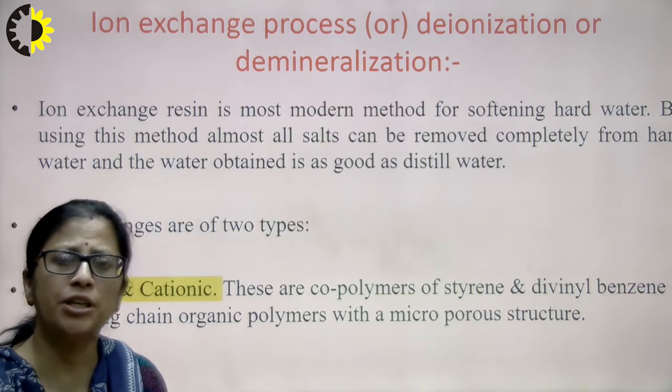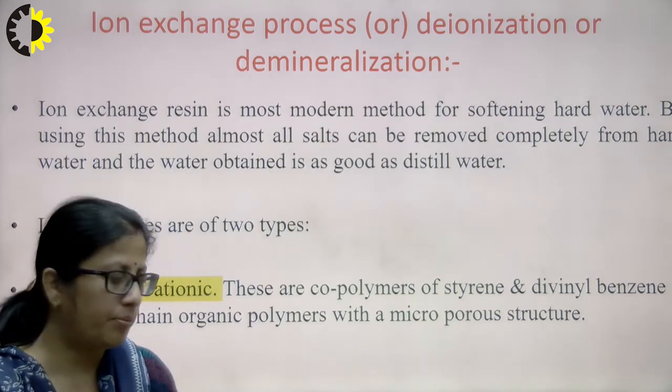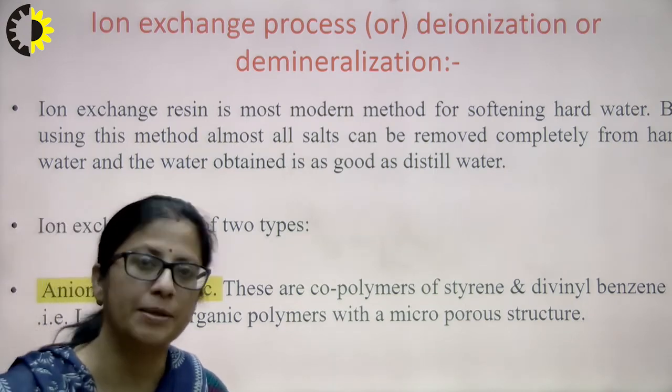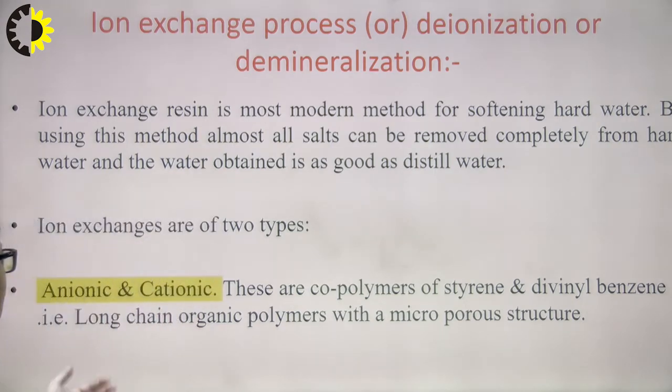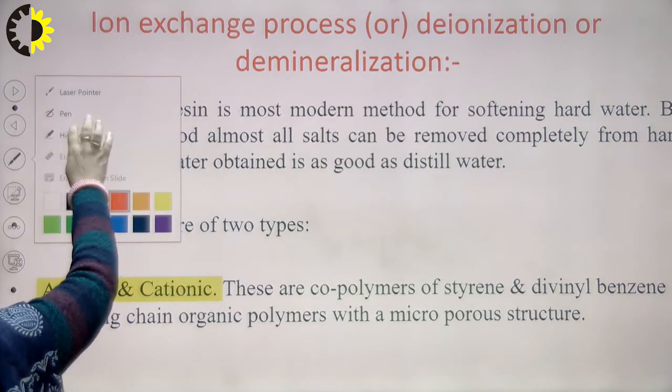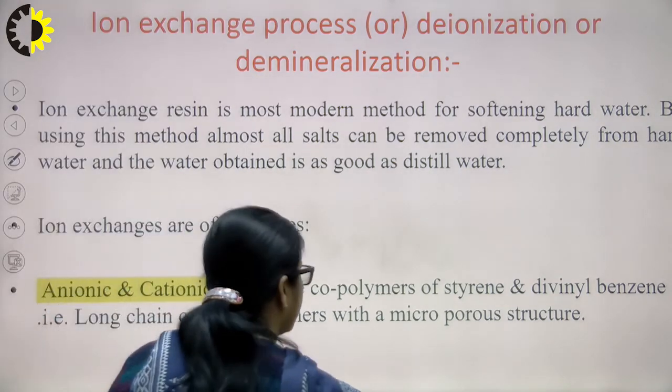The exchangers, the material that I am going to use in this process, are of two types: anionic and cationic exchangers. Now, these anionic and cationic exchangers, because there are two types of ions which are present in water.